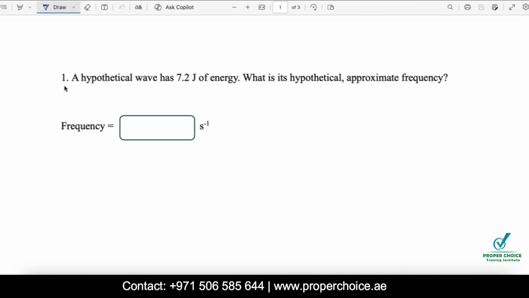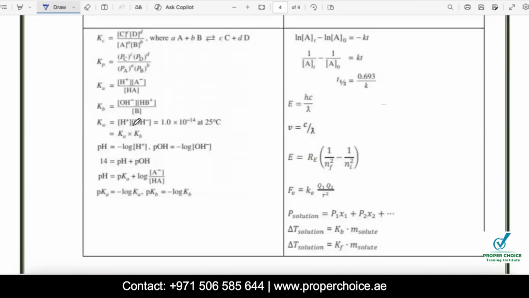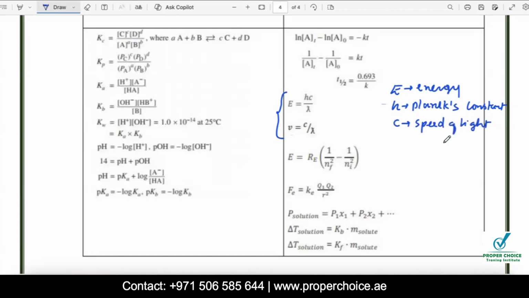Before starting the question, let me show you an important thing. There are two formulas needed for this topic, and they are available in the data sheet. The energy formula is given by E equals hc divided by lambda, where E represents energy. h is Planck's constant, a constant value which is given to us. c represents the speed of light, and v represents the frequency.